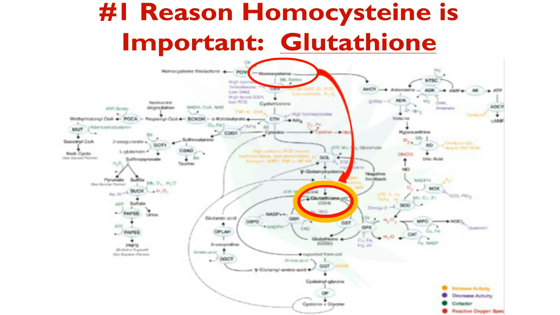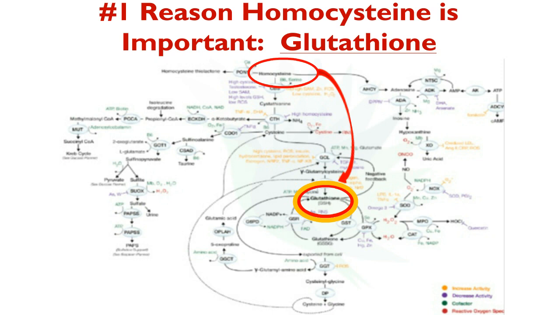You have to have glutathione for phase 1 detoxification in the liver, and for phase 2. If homocysteine is clogged and stuck up in the methionine pathway, it's going to implicate our supply of glutathione downstream. And without adequate glutathione, we're not going to be able to have adequate detoxification capacity.